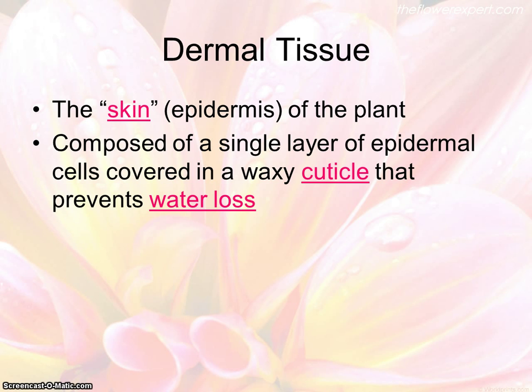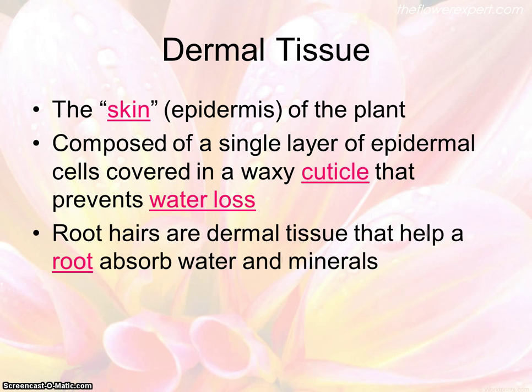Some plants have a thicker cuticle than others, but it's kind of like the cutin of the gymnosperms. It's a waxy, sometimes thicker, sometimes thinner, but it's that waxy covering that helps plants retain water within their leaves and stems, so water loss through evaporation doesn't occur as much. It's a very good adaptation for living on dry land and away from water.